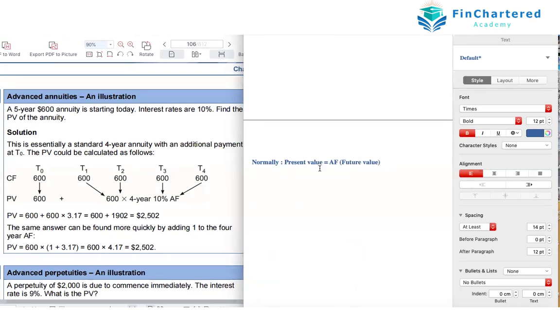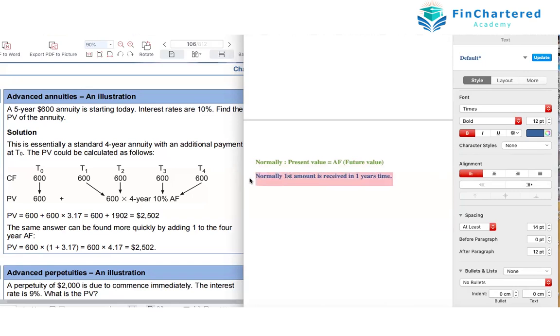This is what you will normally do. So what is normal is I will put in green. And normally you will receive the first amount in 1 year's time.